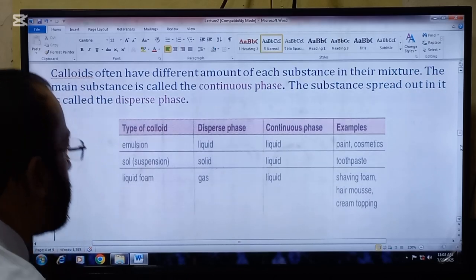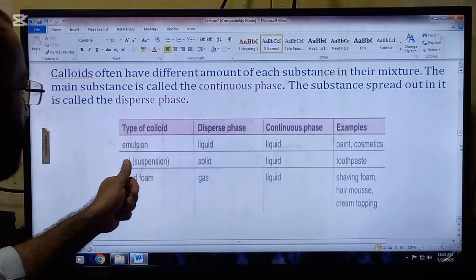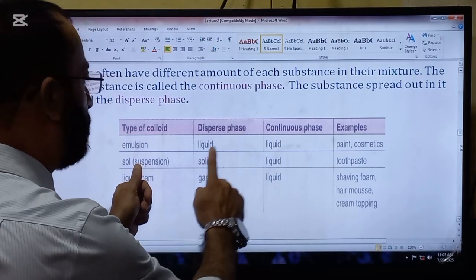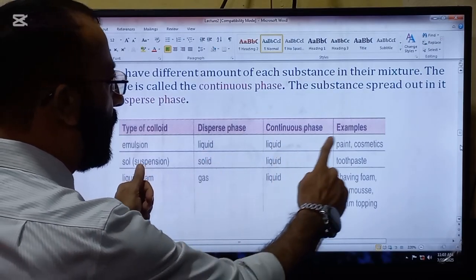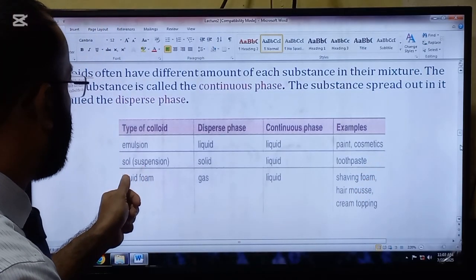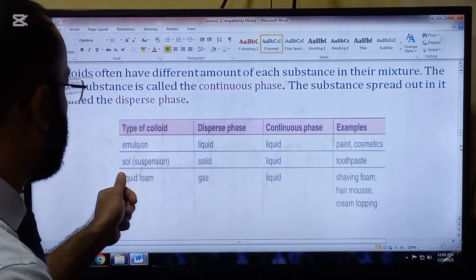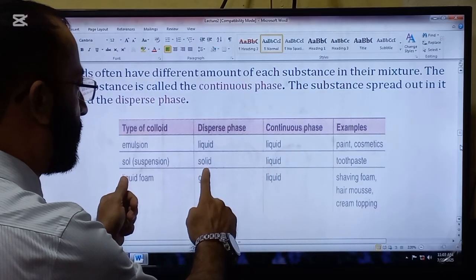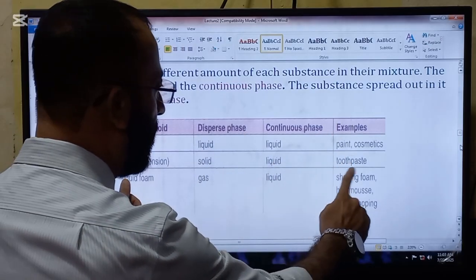So look now, here are some examples. In an emulsion, the continuous phase is liquid and the dispersed phase is also liquid, and examples are paint and cosmetics. Another type of colloid is sol, in which the continuous phase is liquid and the dispersed phase is solid. The example is toothpaste.